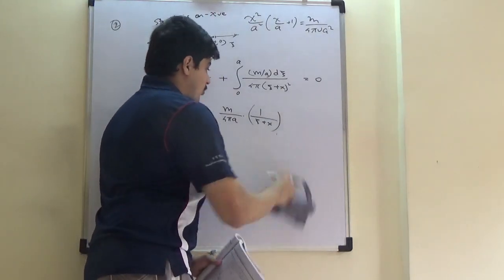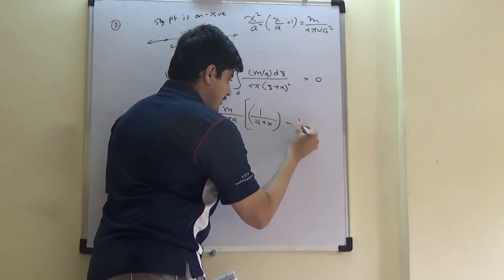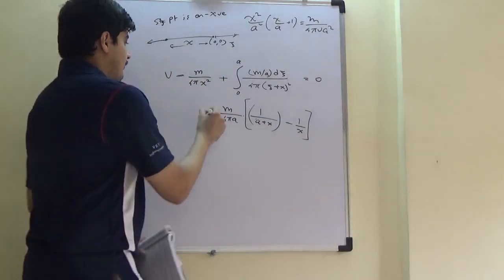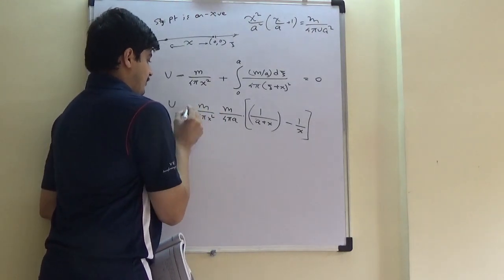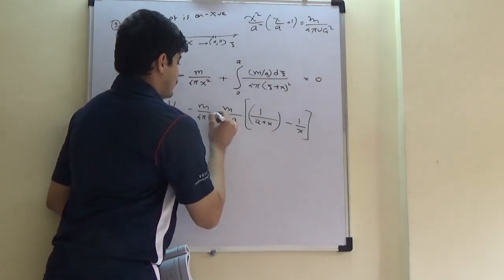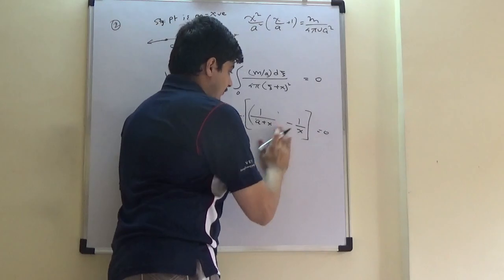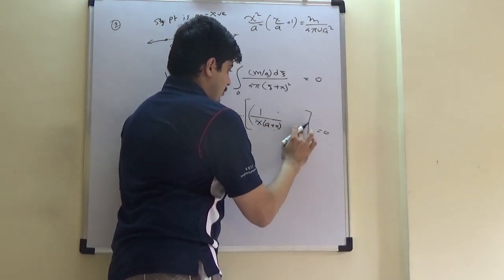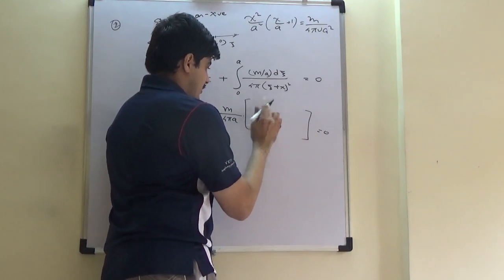Right? So what is this therefore? 1 upon A plus x minus 1 upon x. This is the integration. This is equal to 0. Now, what would this quantity be? x into a plus x, right? And this would be x minus a minus x, so it is minus a.